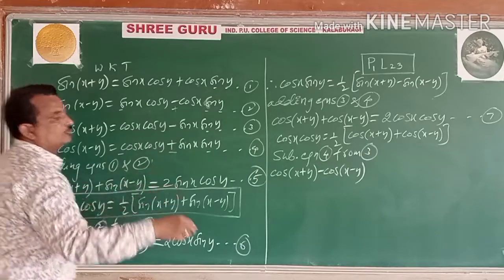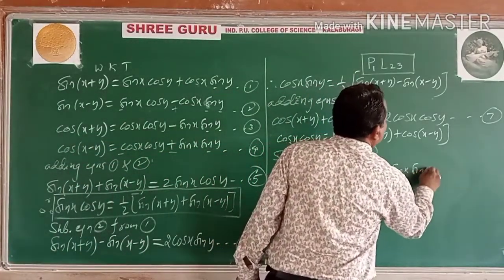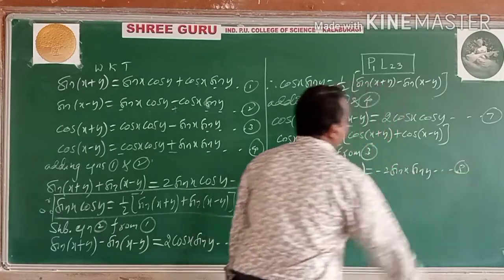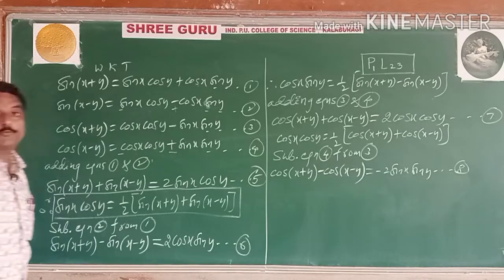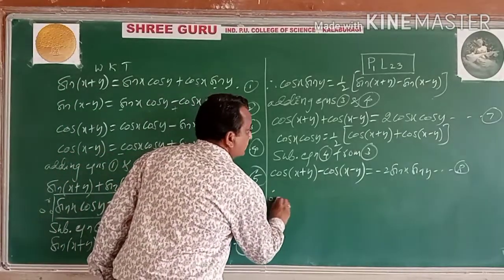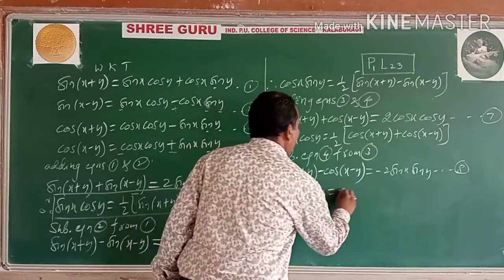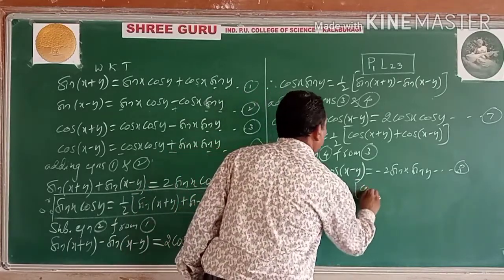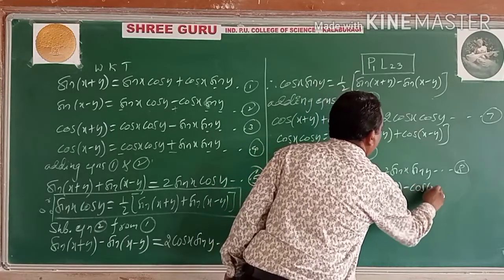Same sign, so minus 2 times sin x into sin y. This is equation number 8. Therefore sin x into sin y is equal to minus 1 by 2 into cos of x plus y minus cos of x minus y.